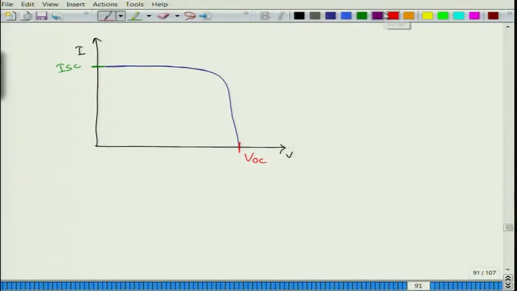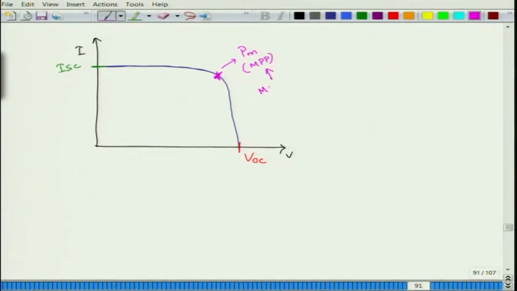Now, what we are interested in is VI, right? VI, the operational voltage and current product, will give us the power. So, where does it get maximized? It gets maximized here, right, at the edge of the curve. So, this is called PM, or we often call it MPP, which is maximum power point.